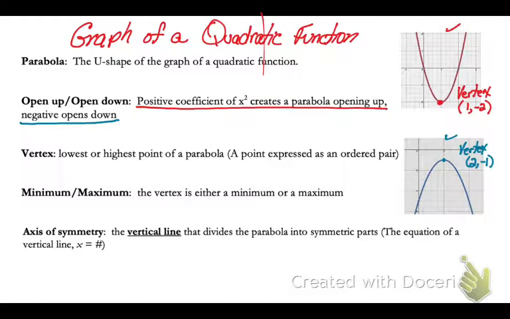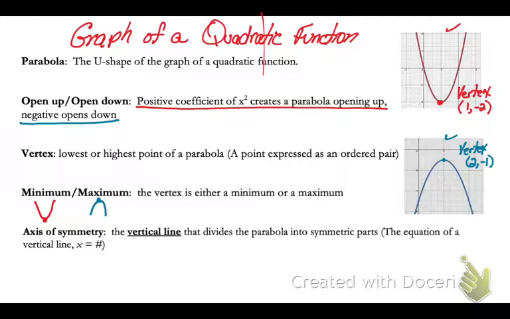Whether it is the highest or lowest point tells me whether the parabola has a minimum or maximum. If the vertex is the lowest point, that is a minimum. The parabola has a minimum. If the vertex is the highest point, then the graph is said to have a maximum.